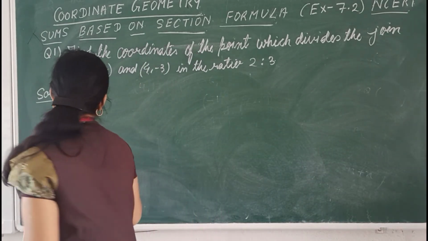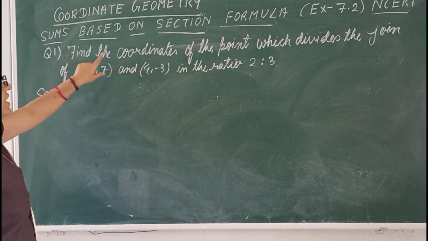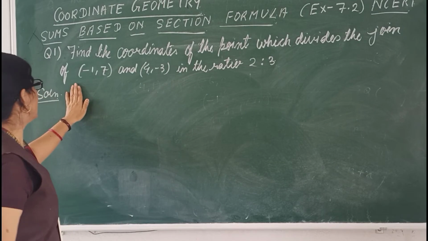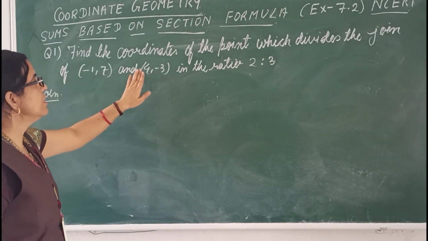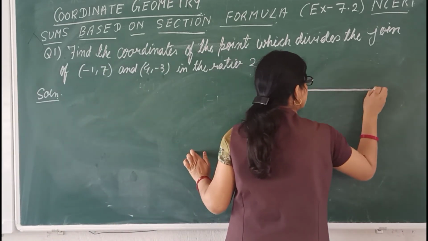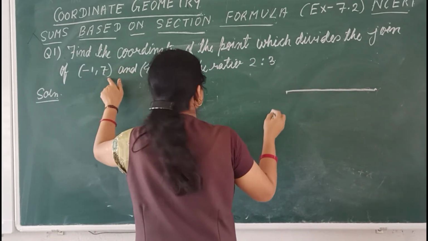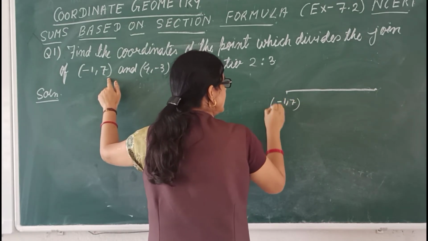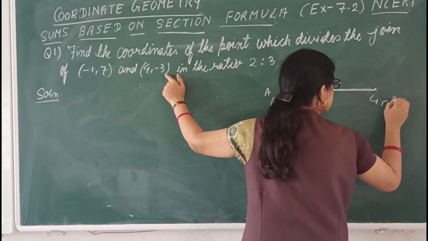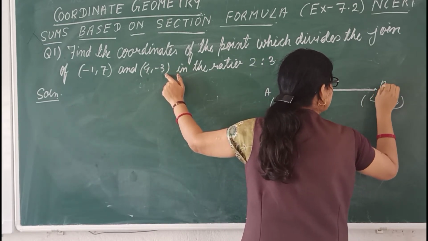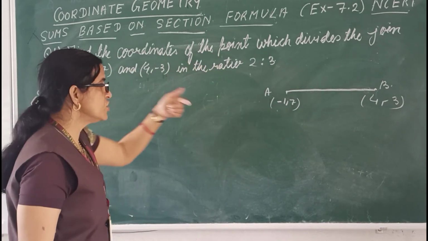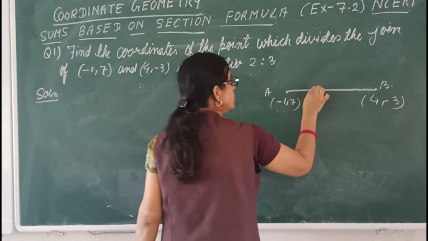Question number 1 of exercise 7.2 says: find the coordinates of the point which divides the join of (-1, 7) and (4, -3) in the ratio 2 is to 3. That is, suppose a line segment is joining the points (-1, 7), which I name as A, and the other point (4, -3), which I name as B. I have to find the coordinates of the point which divides the join of these points in the ratio 2 is to 3.